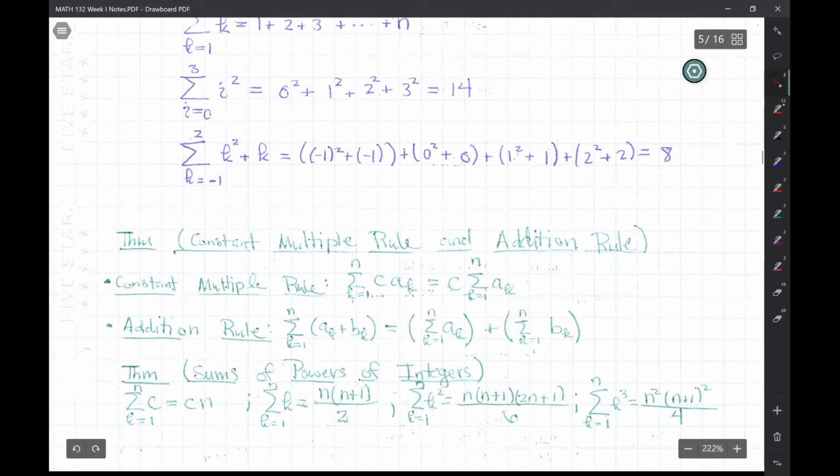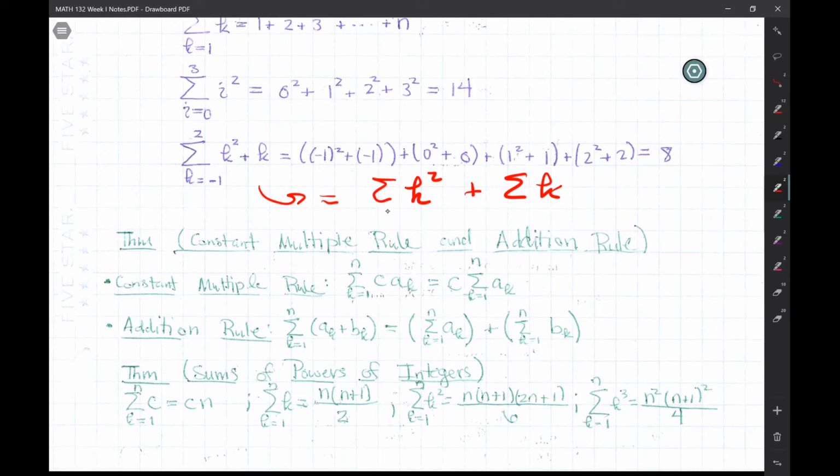In other words, taking a look at the example above, what we could have done is say that's just equal to the sum from the bounds that we have of k squared plus the sum of k. So we could have broken that up into two different sums. And of course you're starting at k equals -1 to 2 in both.